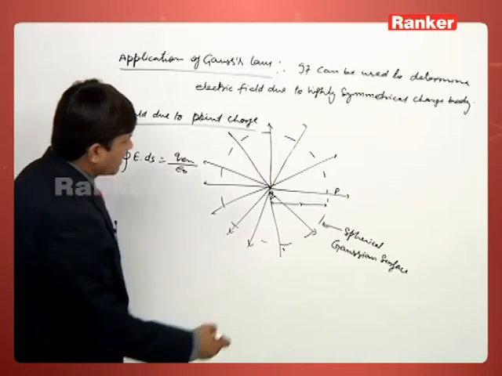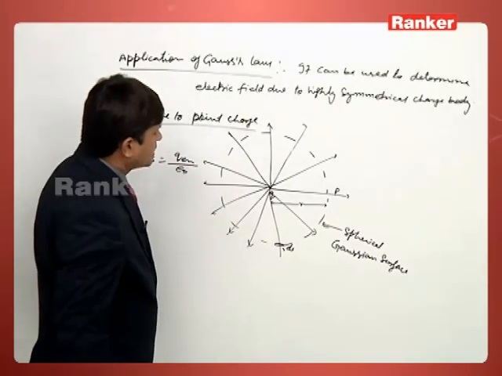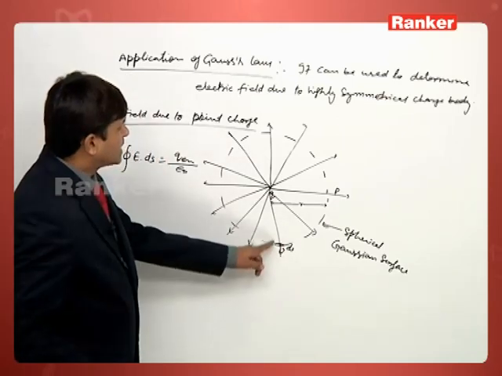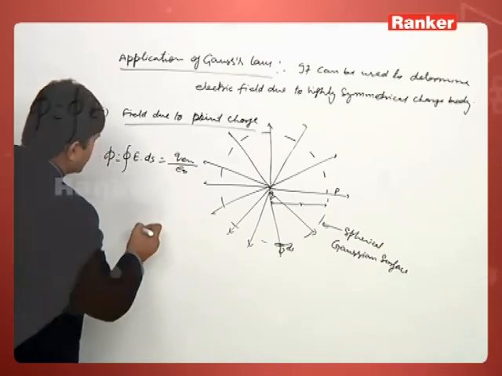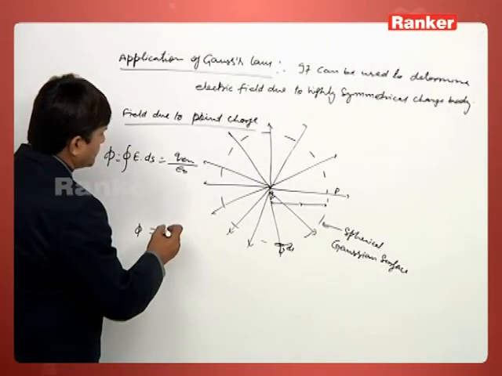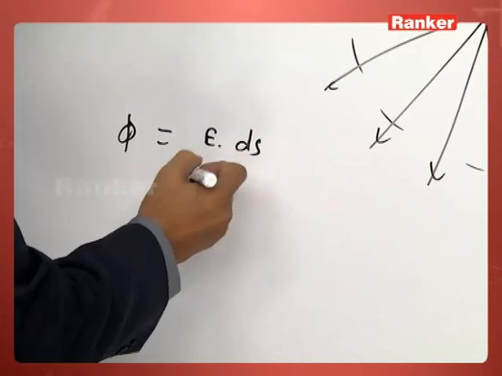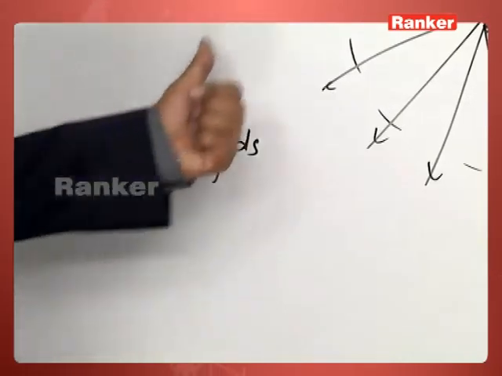See, if we are considering a small area ds, and since electric lines of force and area are in the same direction, we can write E into ds, and total area, as well as q enclosed.